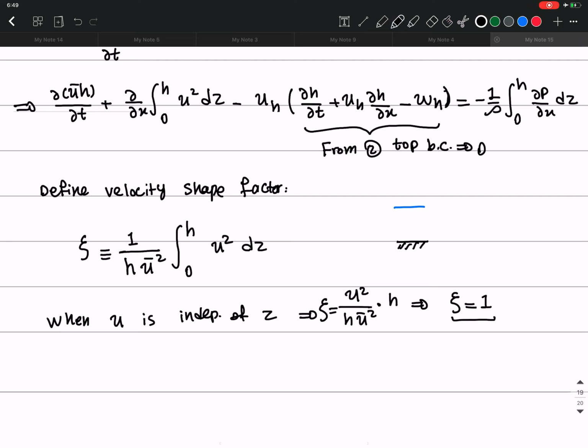If your u is just constant, is not varying with depth, it's constant everywhere, which is essentially not true, but approximately you can say it is constant. I will put it here.